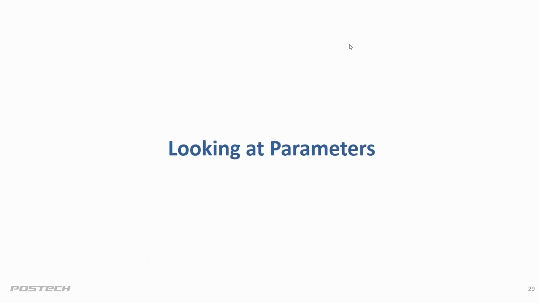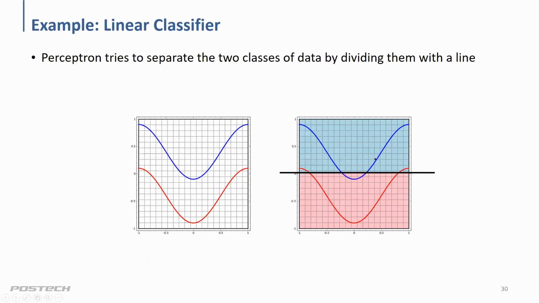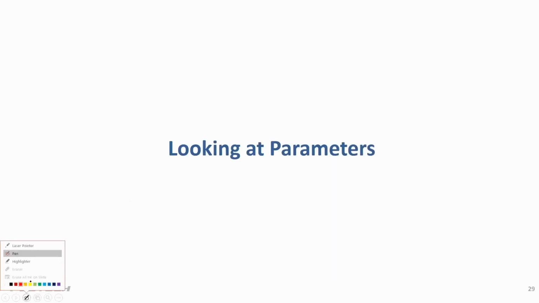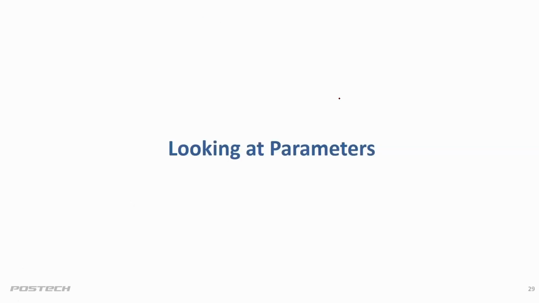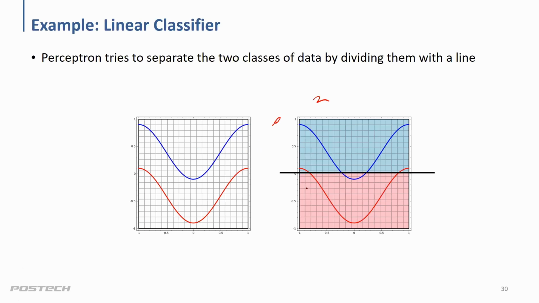Now let's look at the parameters, meaning weights and bias. For example, let's think about the linear classifier first.